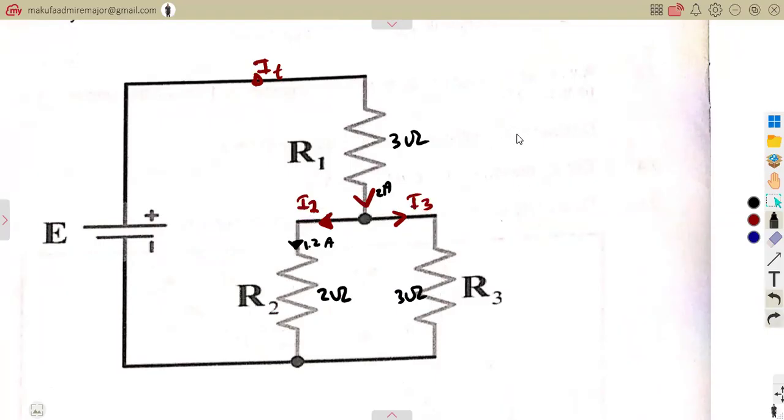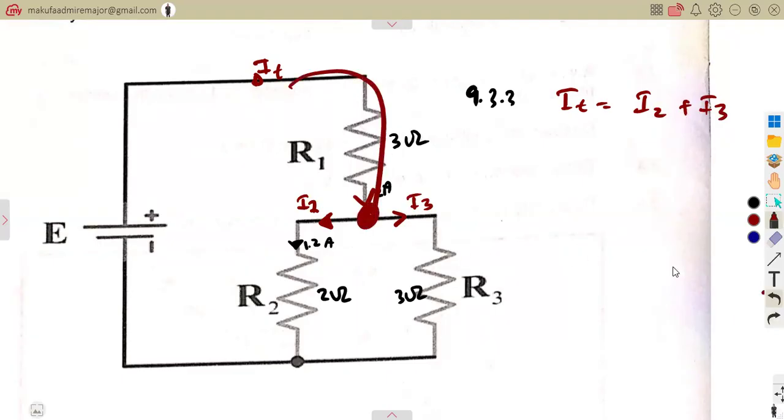So from your Kirchhoff's law, you can calculate this. Remember that Kirchhoff's law from your industrial electronics N2 states that the total current that is entering into the junction is equal to the currents flowing away from that junction, which are I2 and I3. The current flowing towards the junction is equal to the current flowing away from that same junction.